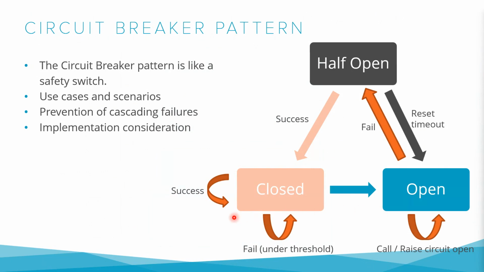I would like to draw your attention to this diagram for a while. See, here are three states, right? Closed, open, and half open. Please ignore all other arrows and text for this time. I'll explain all these three things which are already mentioned.